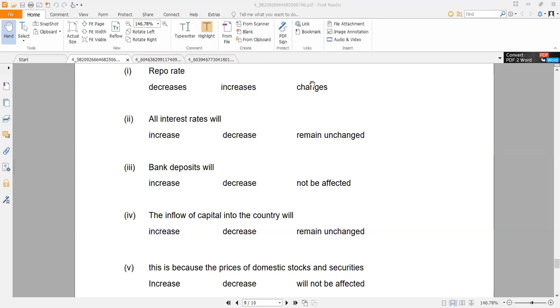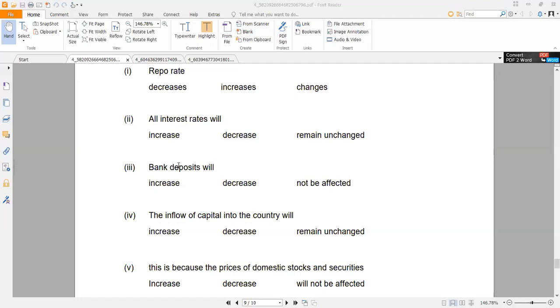What happens to bank deposits if there is contractionary monetary policy? What's the reason? Should we say increase because the interest rate is increased, giving higher returns, or should we say decrease because people now have less income to deposit?